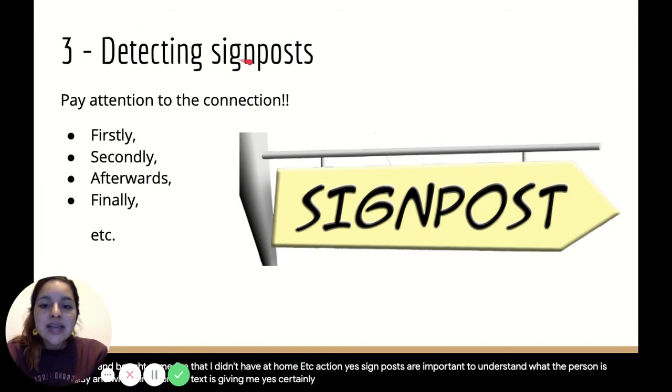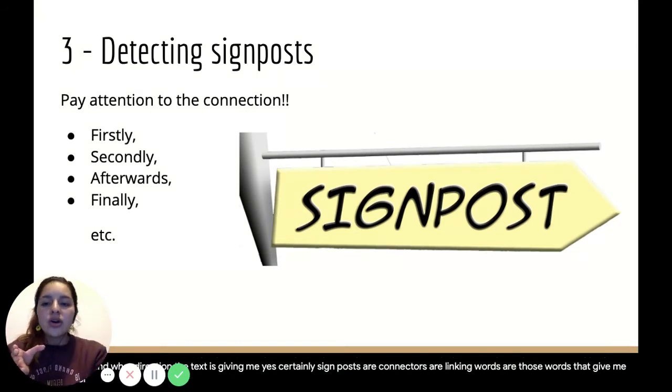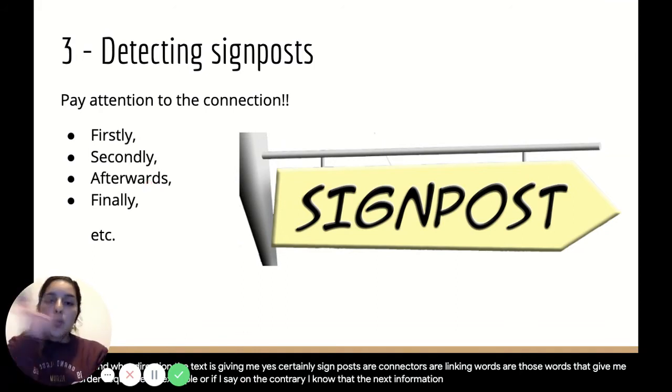Yes, certainly signposts are connectors, linking words, those words that give me direction, order, sequence, for example, or if I say, on the contrary, I know that the next information is an opposing idea, etc.